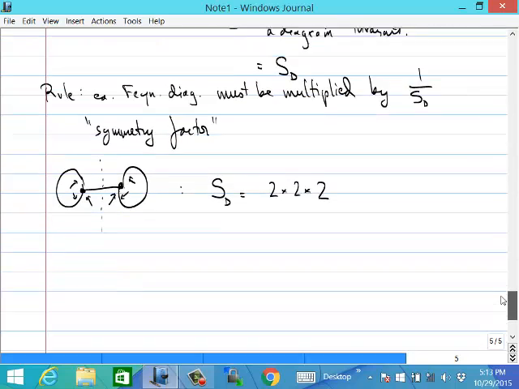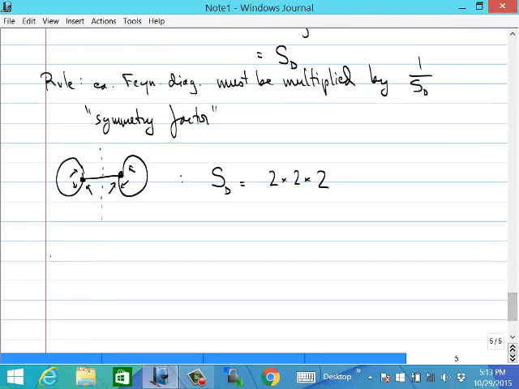Similarly, if you took, say, this diagram here, oops, sorry, that's a phi to the 4 diagram. If you took that diagram here, what would you get?